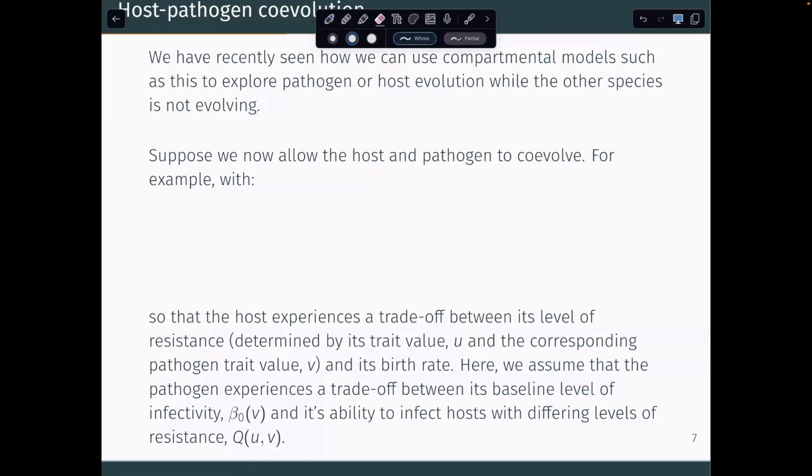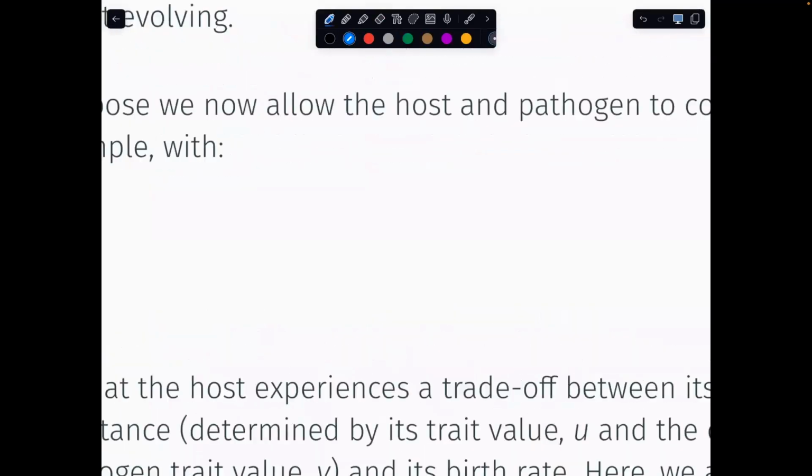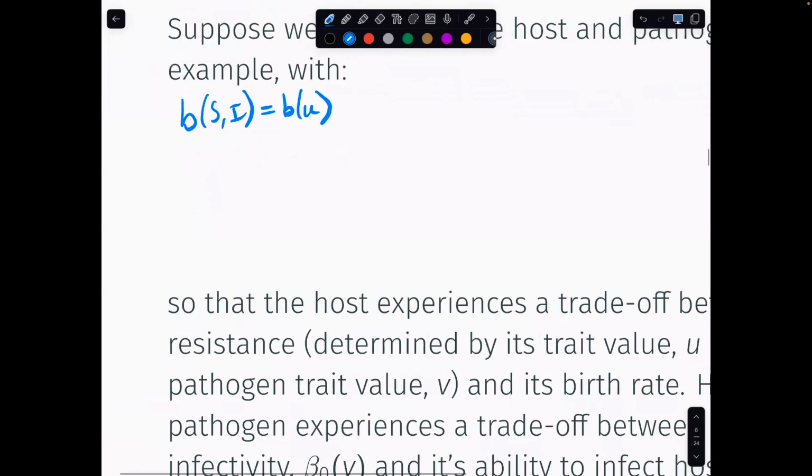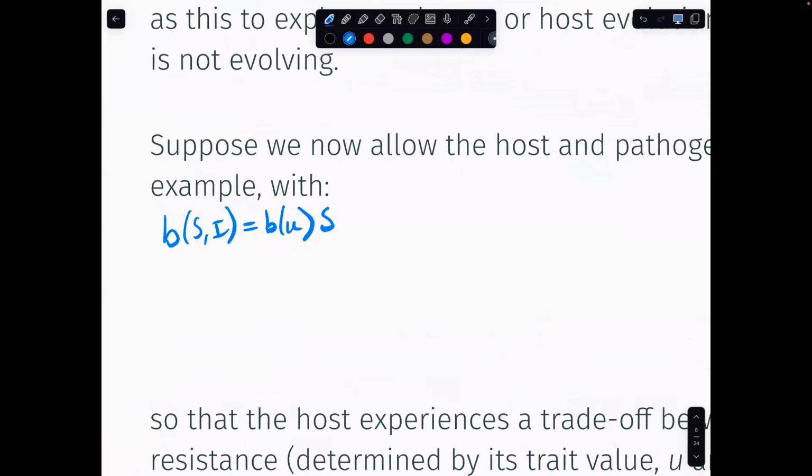And so we're going to think about two different trade-offs. So first of all, for our host, we need to define its birth rate B of S and I to be equal to some other function B of U. And then the rest of our birth term is going to be the density of susceptibles times 1 minus Qn, where this 1 minus Qn is essentially giving us logistic growth.